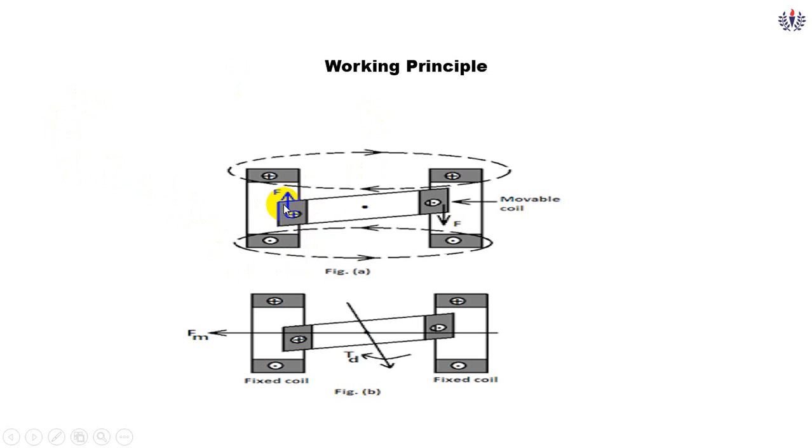Here you can see this flux is upward and downward due to the current direction, and the force is also similar to that, due to the interaction of both. Here you can see the pointer tends to move in this direction to align itself. So there will be a resultant, as we know already. It produces the resultant force in the form of deflection.